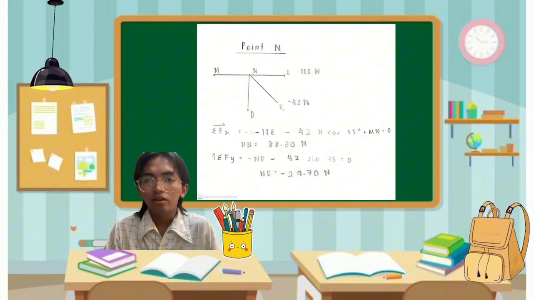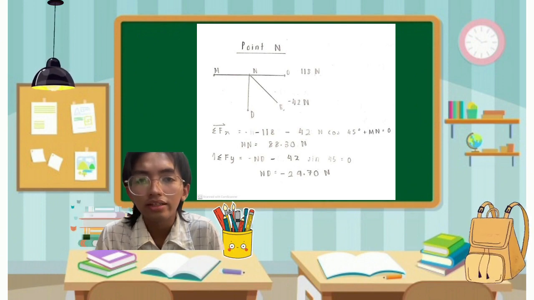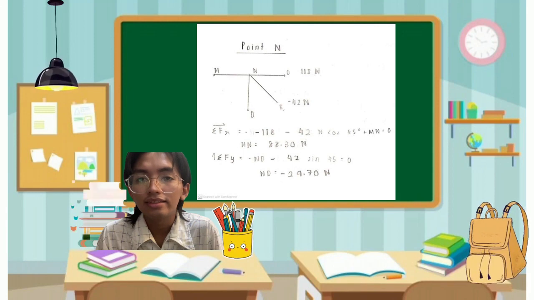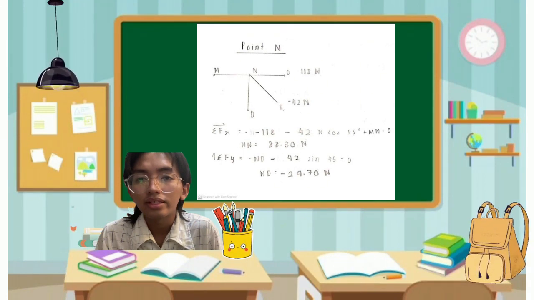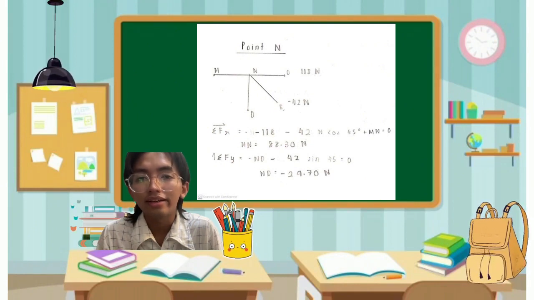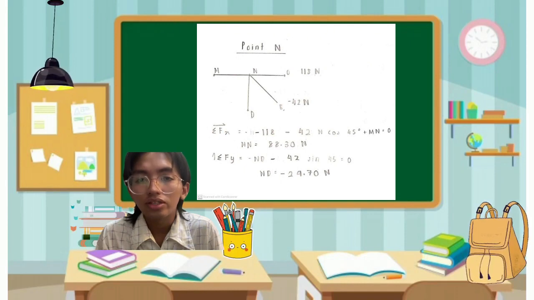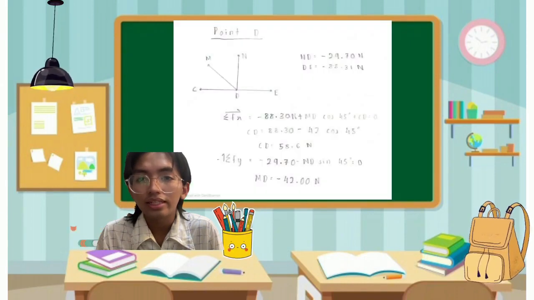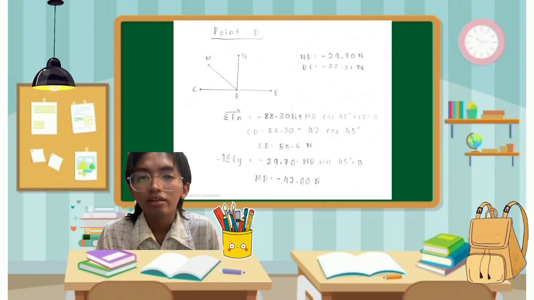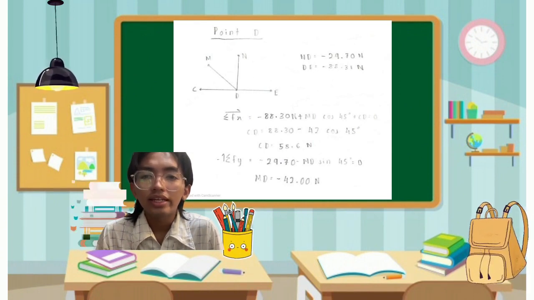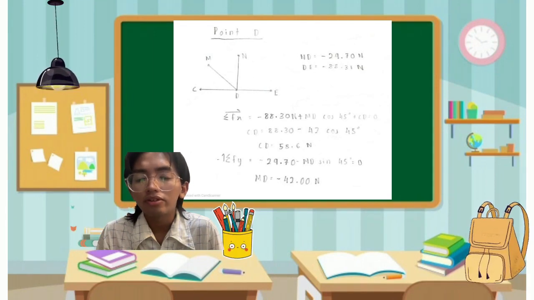In addition, we proceed to analyze point N using the same methodology as before. This yields a value of N at 8.30 Newton and ND at negative 29.70 Newton. Extending this analysis to point D, we obtain CD at 59 Newton and MD at negative 42 Newton.